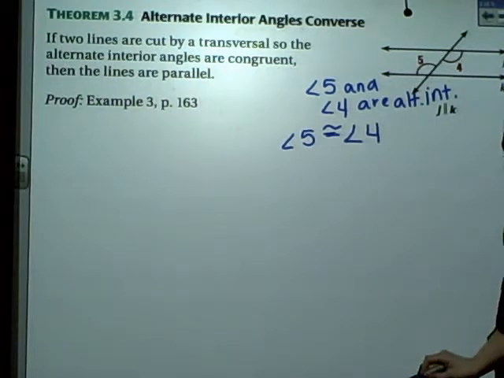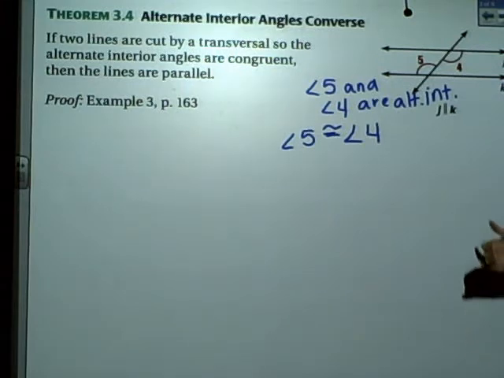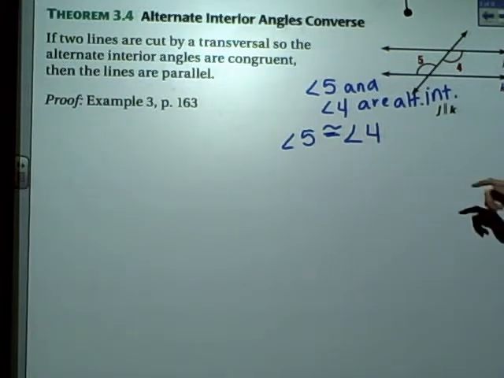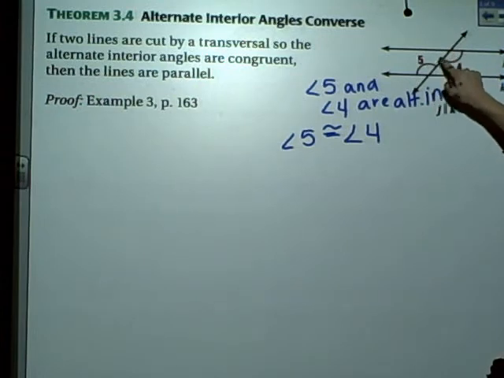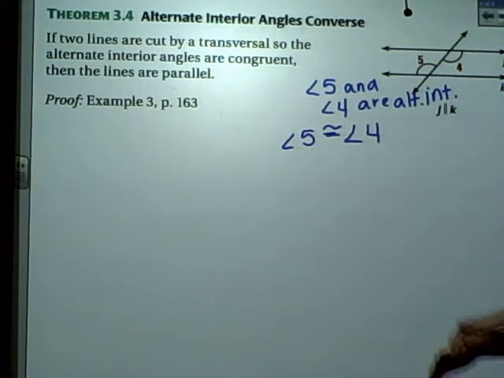Okay, please make sure that this theorem goes into your theorem section. If you want to, you can put a definition for alternate interior angles in your definition section. You don't have to, because to my understanding, I don't think it comes up in any of the proofs, but good to know. So alternate interior angles, opposite side of that transversal. Again, if it looks like they're congruent, they are for this example.